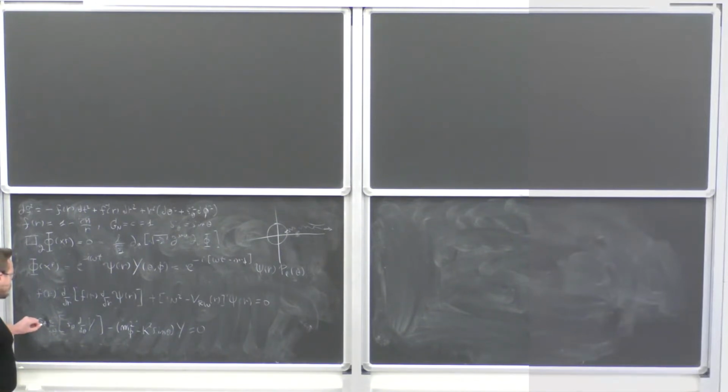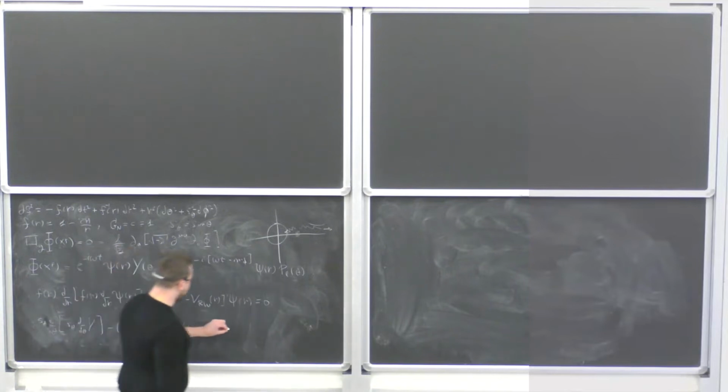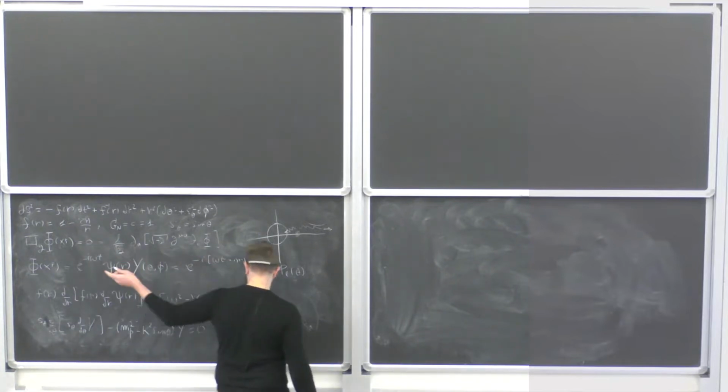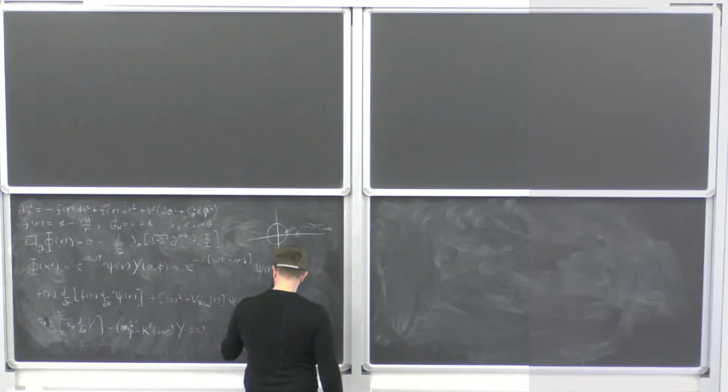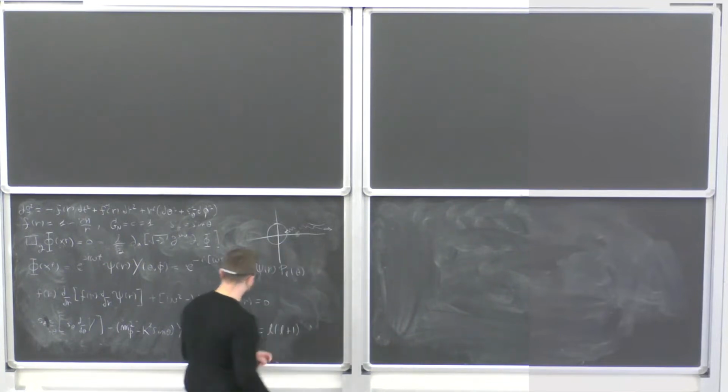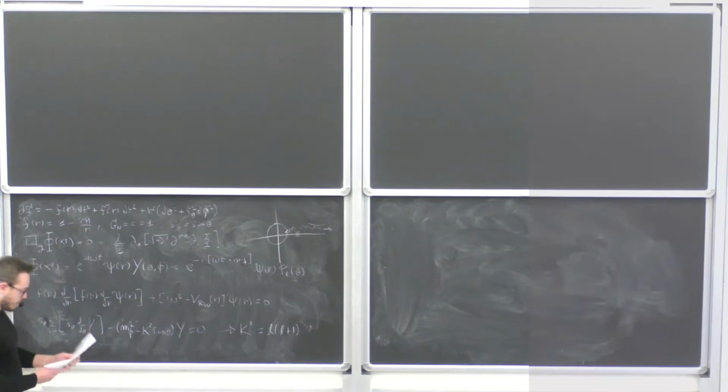So we already know that the separation constant k in this spherically symmetric case of the Schwarzschild black hole is L times L plus 1, where L is the total angular momentum, the quantum number related to the total angular momentum.